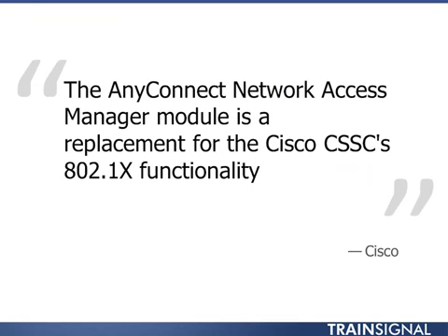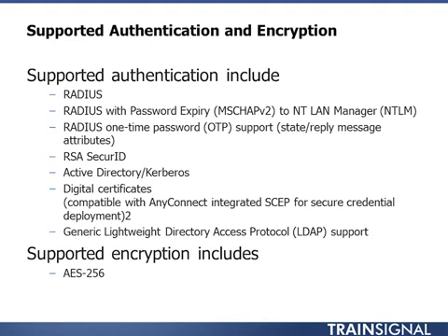And so it's really important to understand this AnyConnect Network Access Manager is a replacement for the legacy Cisco security solution. This is effectively a VPN solution, so it creates a private tunnel between the device and your security appliance. And so it can use a range of different authentication protocols, including RADIUS. If you've got the Microsoft Active Directory, it'll support that.